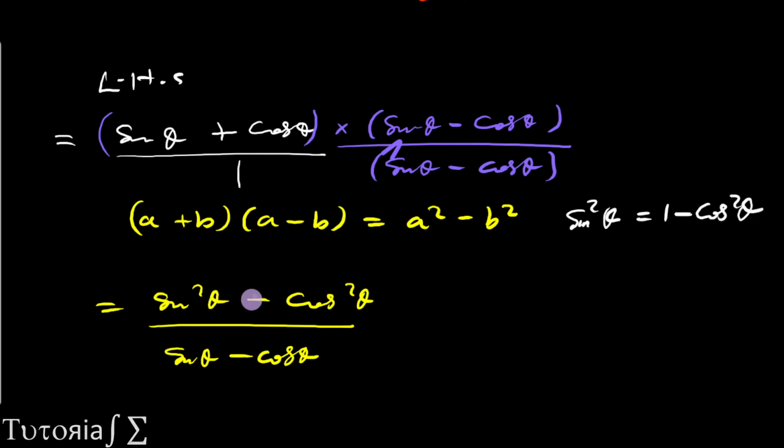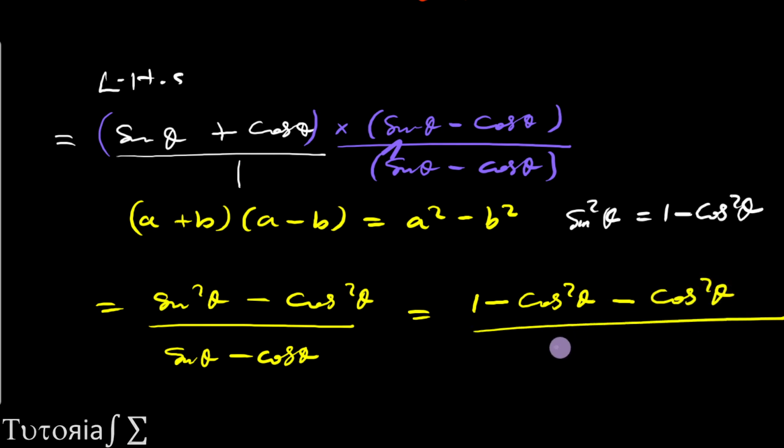So right here we can replace with that. So we'll say this is equal to (1 minus cos squared theta minus cos squared theta) all over sine theta minus cos theta.